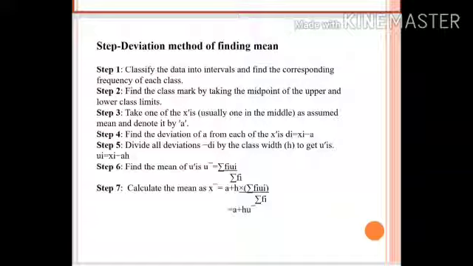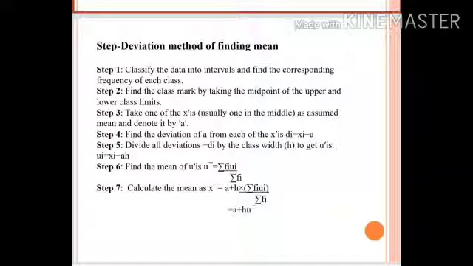Step 4, find the deviation from a for each of the xi, that is di equals xi minus a. Step 5, divide all the deviations di by the class width, that is h, to get ui equals (xi minus a) upon h. Step 6, find the mean of u, that is u bar equals sigma fi ui upon sigma fi.